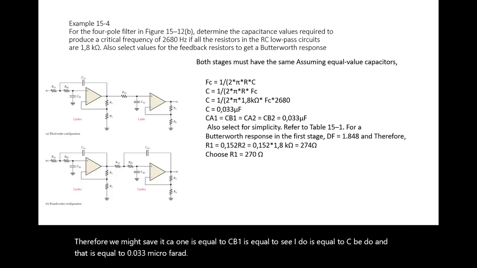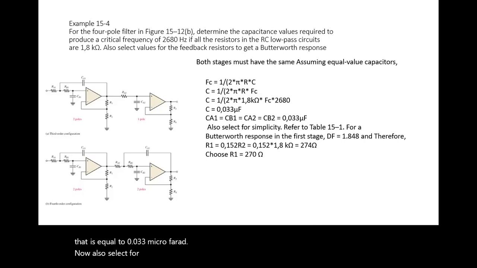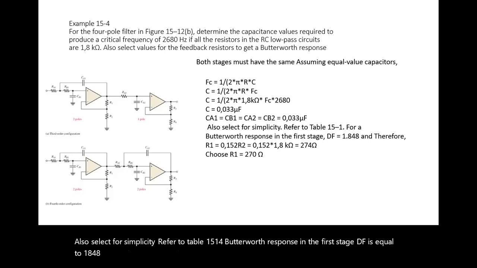Now also select, for simplicity, refer to table 15.1 for a Butterworth response. In the first stage, DF is equal to 1.848, and therefore R1 is equal to 0.152 multiplied by R2. It's 0.152 multiplied by 1.8K, which is 274. You choose the nearest available value, and that's 270 ohm.